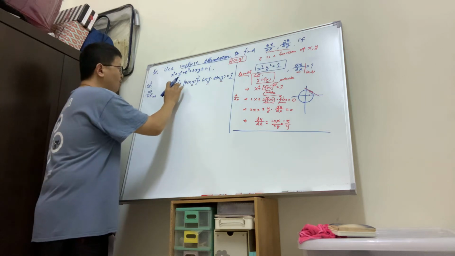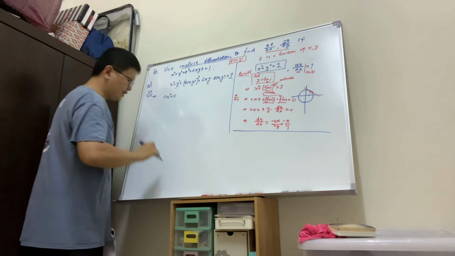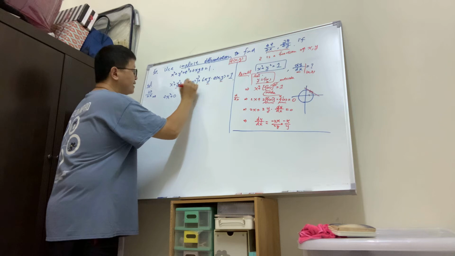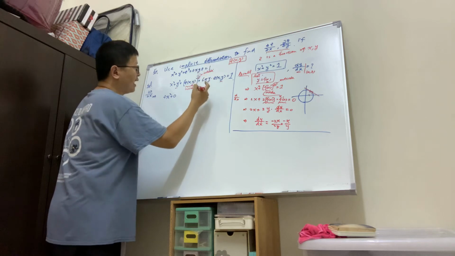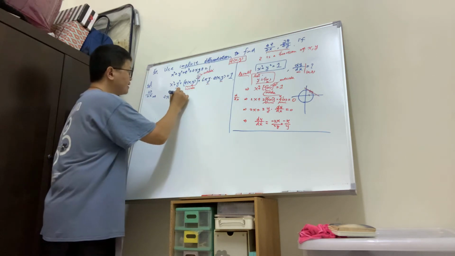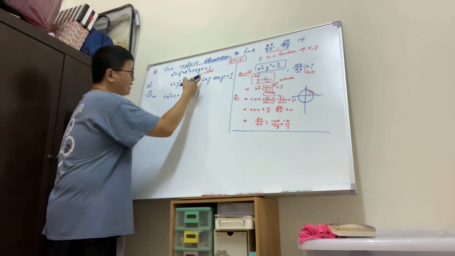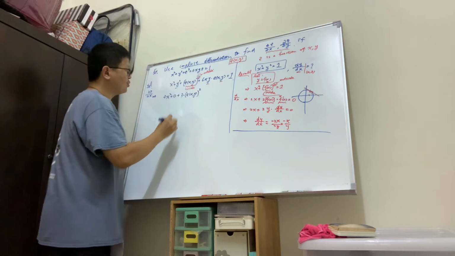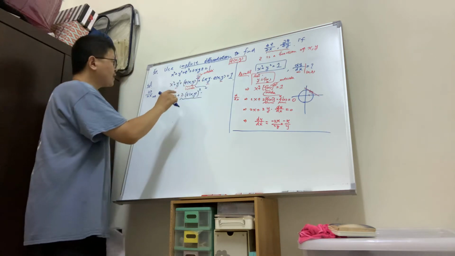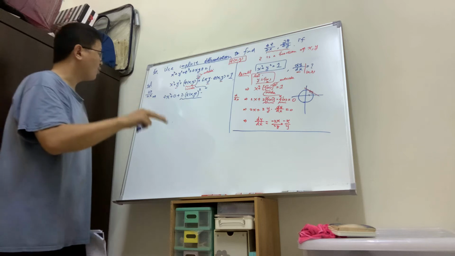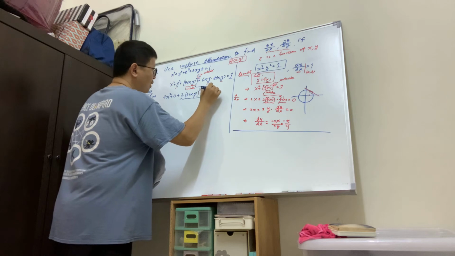The second term, y cubed, is a constant, so its derivative is 0. For the third term, the outside function's derivative is 3 times g of x, y, with the power reduced by 1, so it's squared, multiplied by the inside function's derivative. The inside function g contains two variables, x and y, so we get partial g partial x, which is what we want.